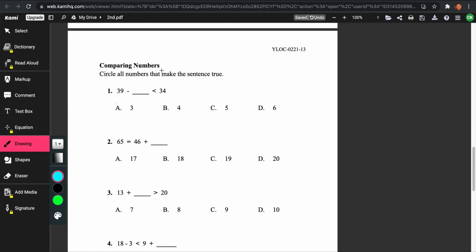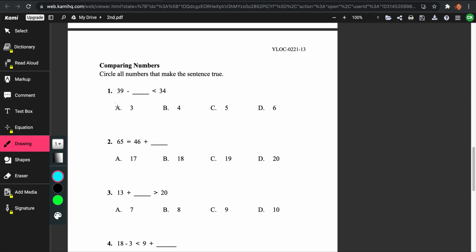Okay, let's do comparing numbers now. Circle all numbers that make the sentence true. Number 1, we can see that 39 minus blank is less than 34. In order for this sentence to be true, we have to find numbers that, when 39 is subtracted by that number, give a result less than 34.